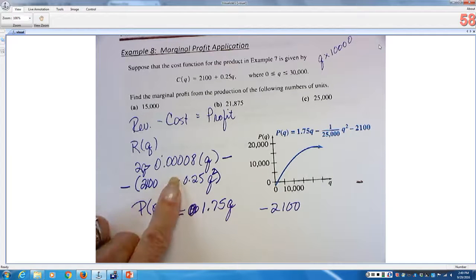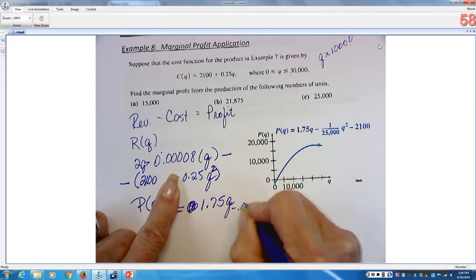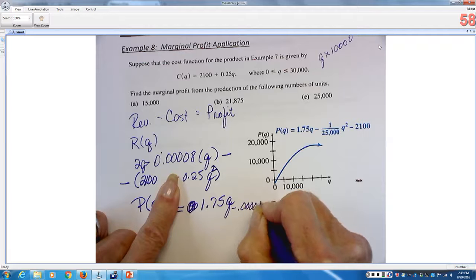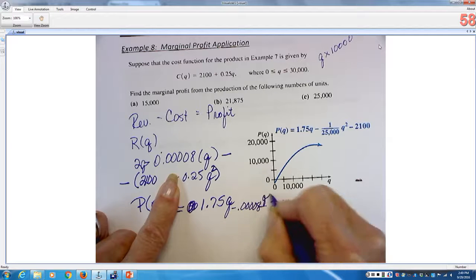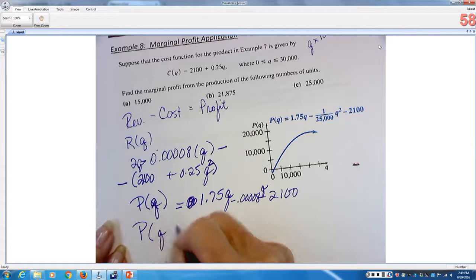And then this stays the same right in the middle. And they have it as 1 over 2,500, but I'm using it as 0.00008 Q. So here's your profit equation. Let me write it a little neater.